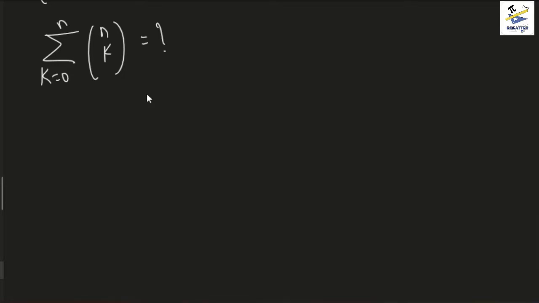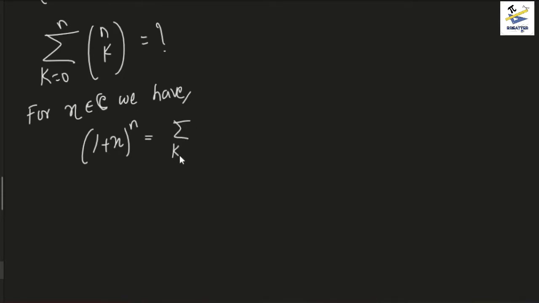We understand that for x belonging to complex numbers, (1 + x)^n, where n is a natural number, equals the sum for k equals 0 to n of nCk x to the power k, right?